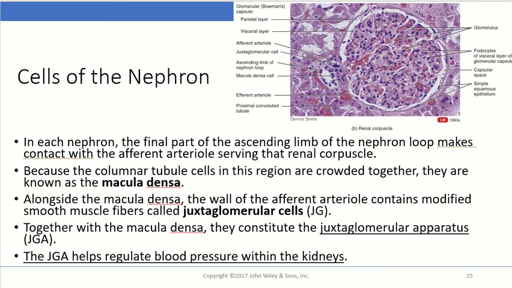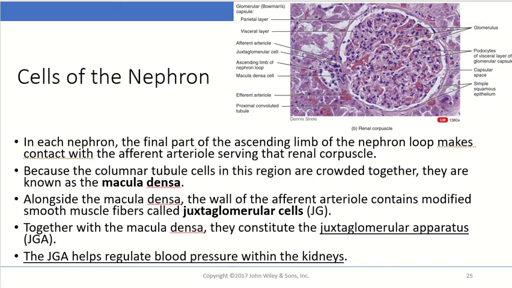So in each nephron, the final part of the ascending limb of the nephron loop is going to make contact with the afferent arterioles that are serving that renal corpuscle. Because the columnar tubular cells in this region are going to be crowded together, they're called the macula densa.